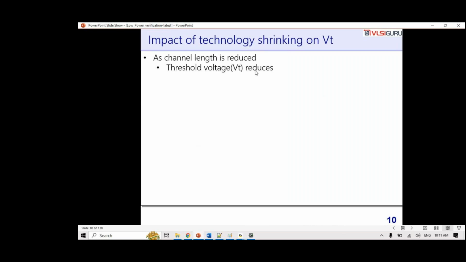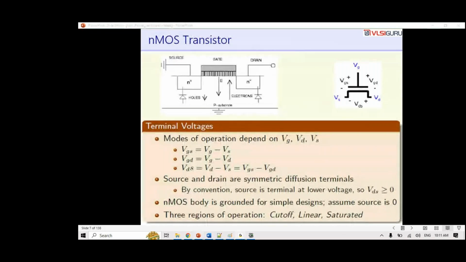We'll discuss. It reduces because, going back to this one, as the channel length is reduced, the width of the oxide also needs to be reduced because it's the overall dimension. That's a requirement: as it is reduced, oxide thickness also needs to be reduced.